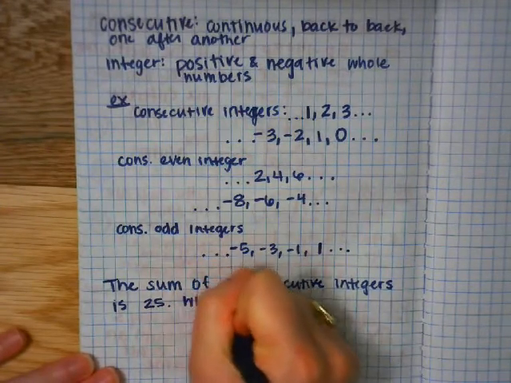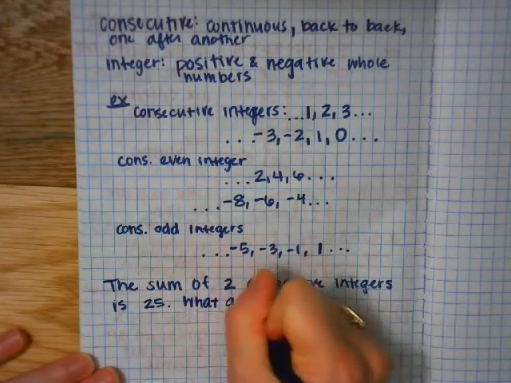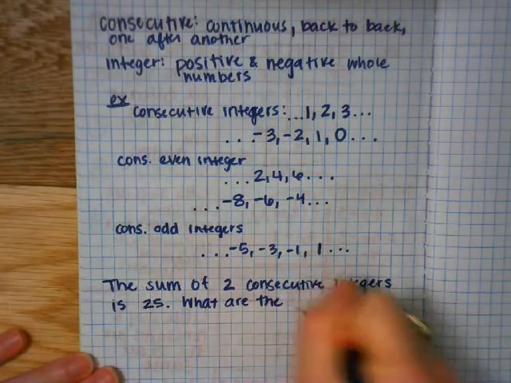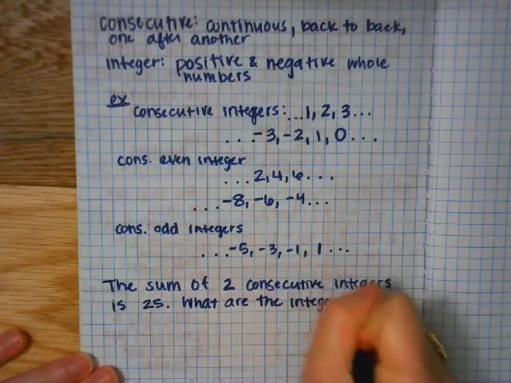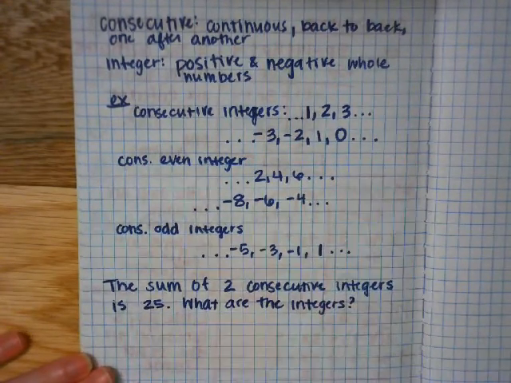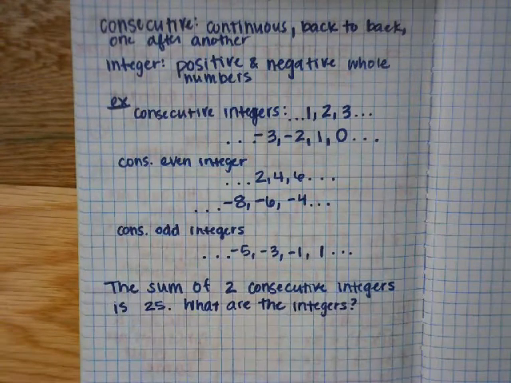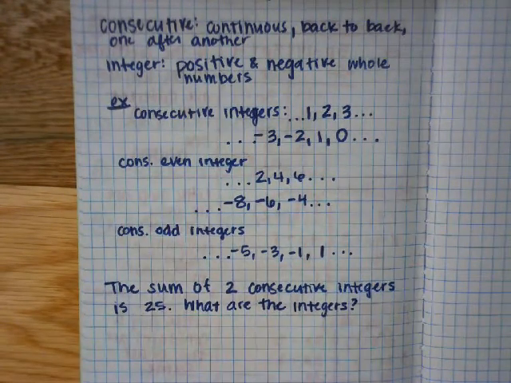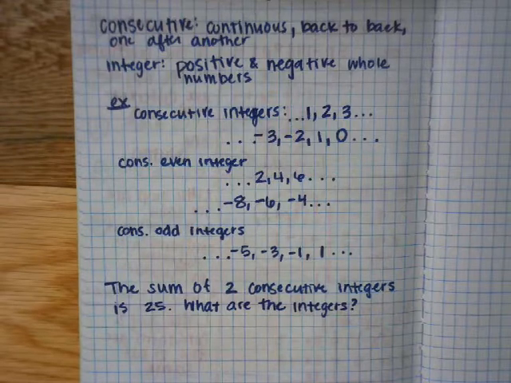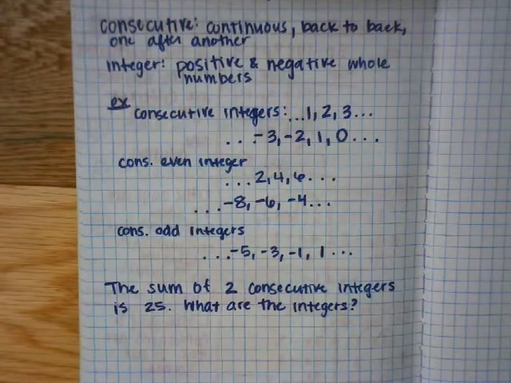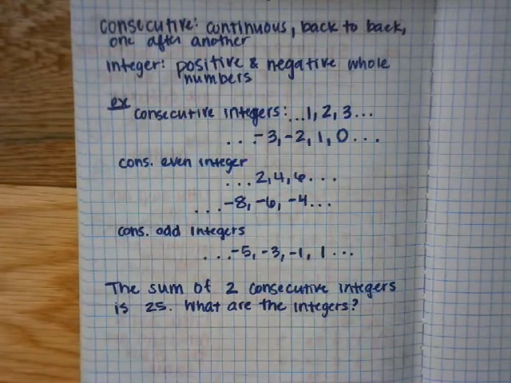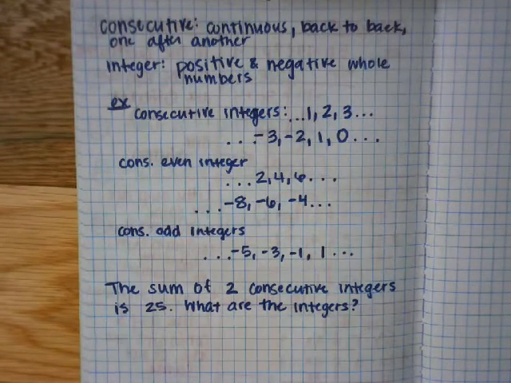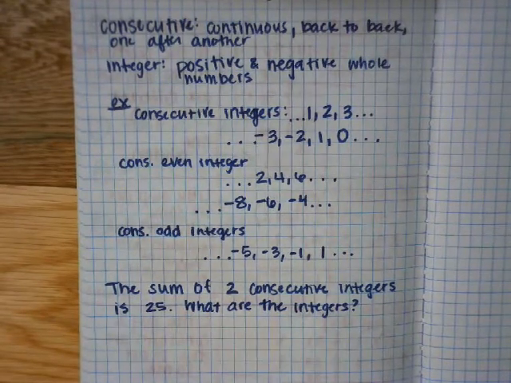What are the integers? All right, some of you might be able to look at this and just know it, right? But this is a fairly simple one because the sum is 25. If our sum gets really, really big, it's harder to just look at it and know the answer.